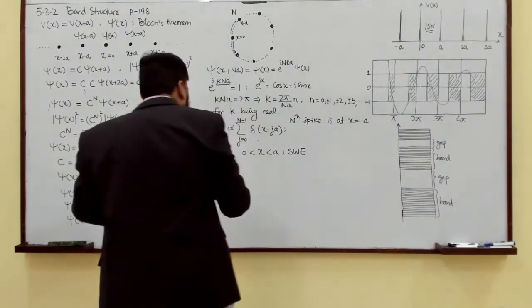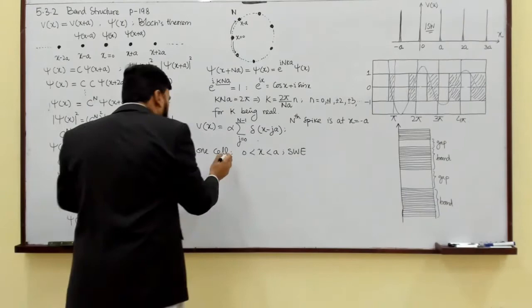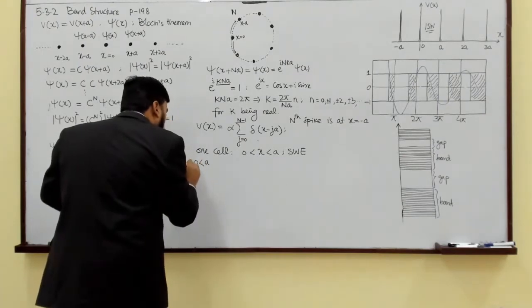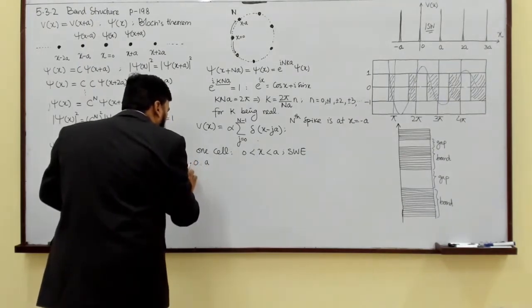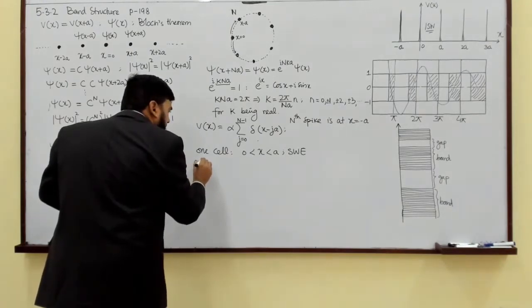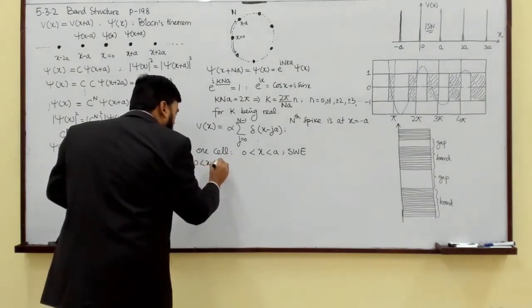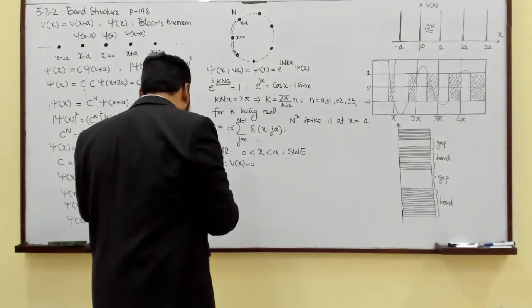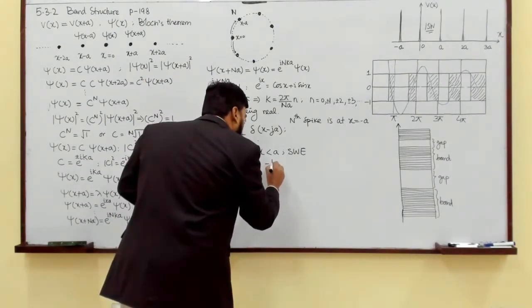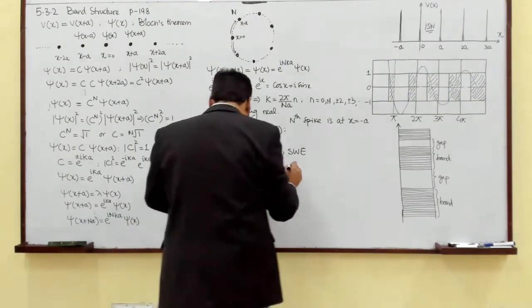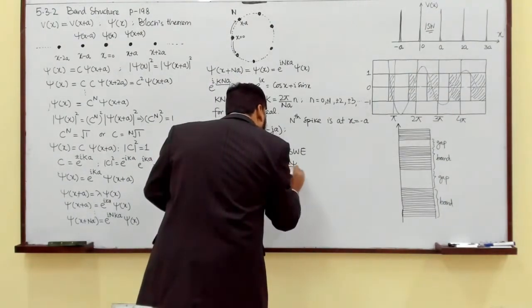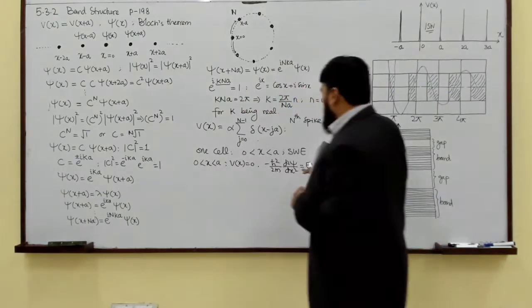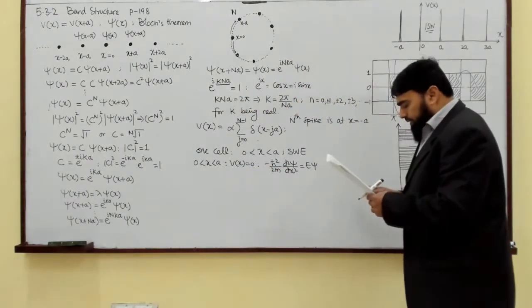Now within this block, for x in between 0 and a, V of x is equal to 0, as the delta potentials are only at the spikes, and I can write the Schrödinger wave equation: minus h bar square over 2m d square psi over dx square is equal to E psi. The V of x becomes 0.